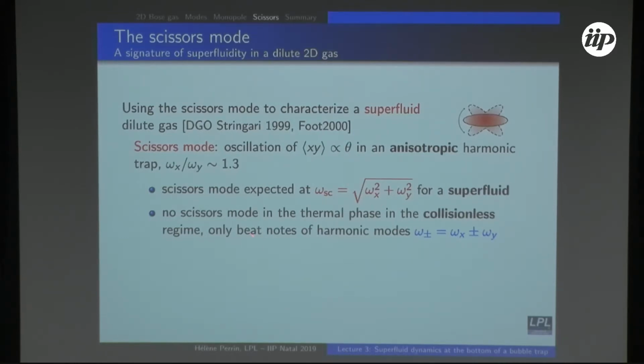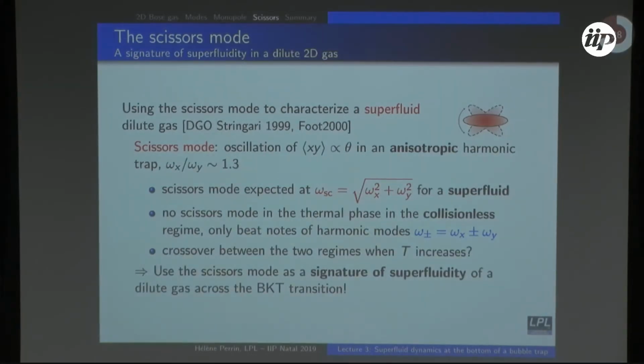And if the gas is thermal, we expect no specific mode, just a beat note between the component oscillations of the trap. Because you remember you measure xy, so if x oscillates like cosine omega x and y oscillates like cosine omega y, then as you compute the average of the product, you will have the beat note between omega x and omega y.